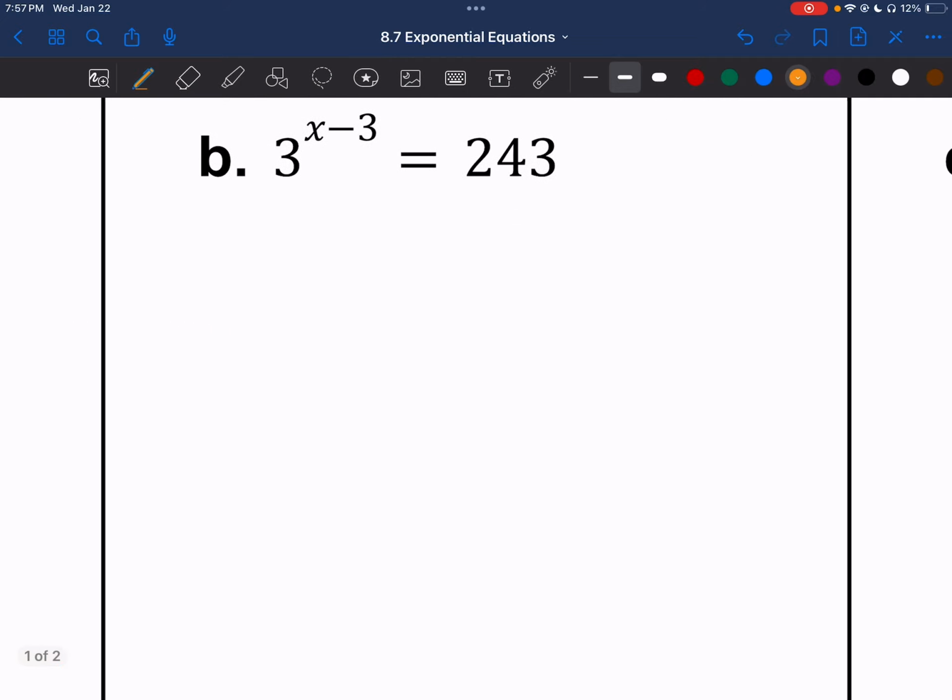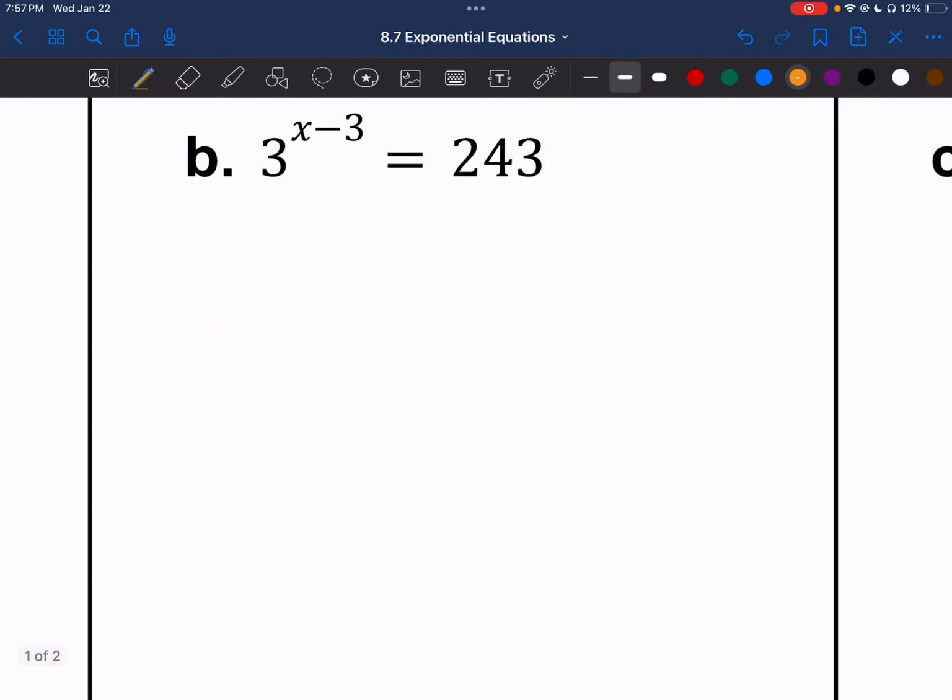All right. Letter B, we've got 3 to the x minus 3 power is equal to 243. Okay, well, we've got our base is as small as it can go. We really can't break that into any factors. We have x minus 3 up there. But this 243, I can write that as a factor of 3, right? So let's think back to the ones that we did a little bit earlier.